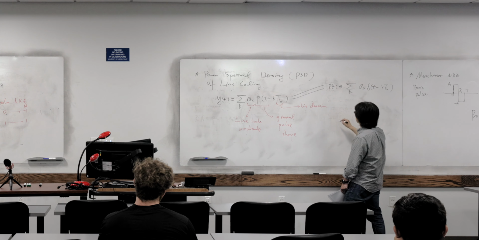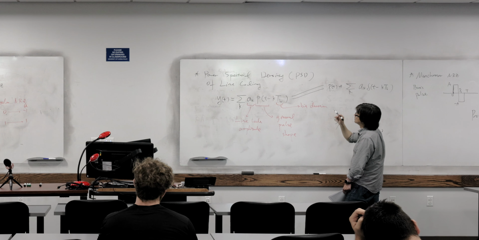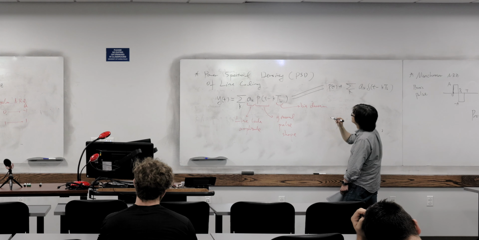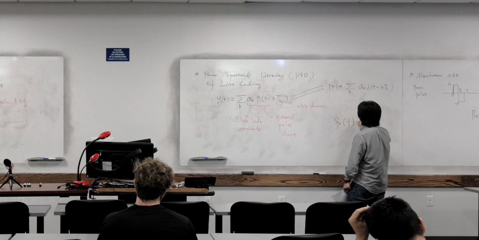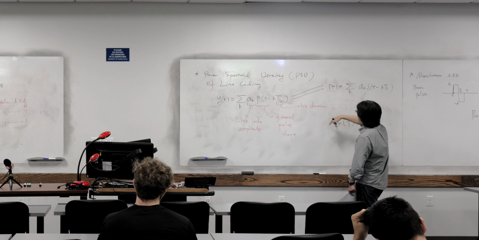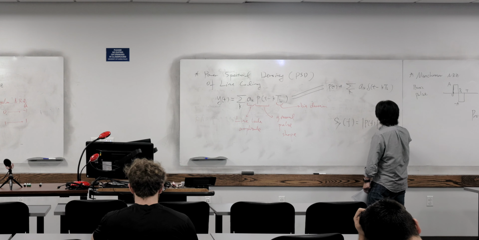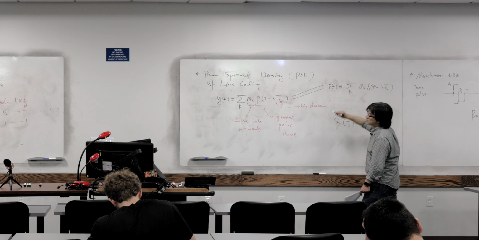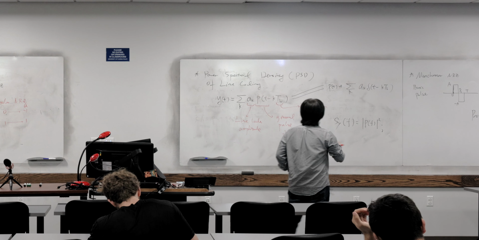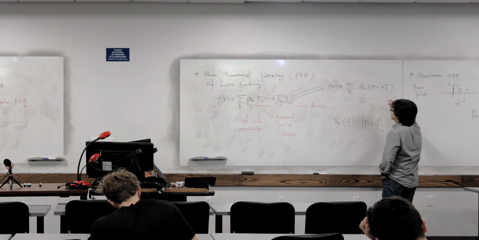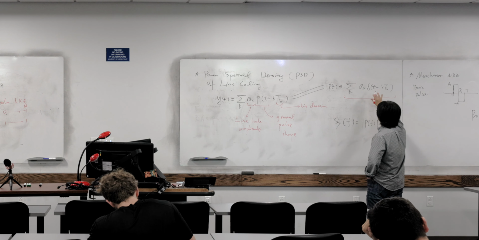So basically, the power spectral density of this guy will be equal to what? The power spectral density, this guy squared, then multiplied by the power spectral density of this.